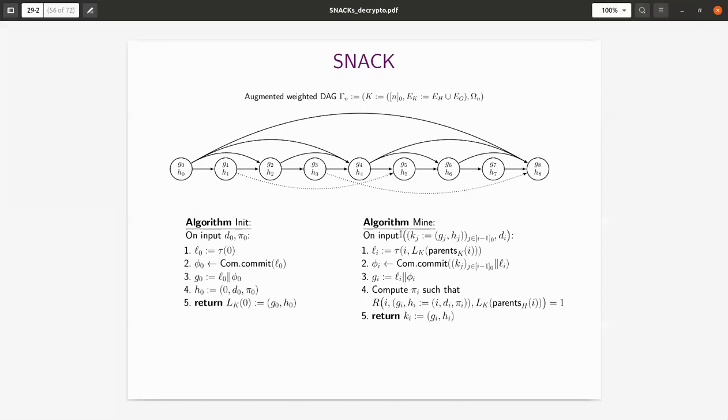You can think of the mining algorithm as taking a blockchain of some i-th length, so this is the i-th block, and then it computes the i plus 1 block. It gets these labels, which I call K_i, K_j, tuples of G and H labels, plus D_i. D_i is the current data.